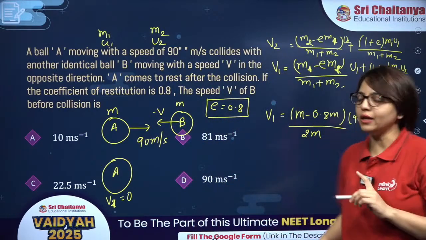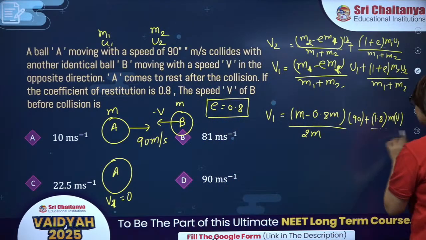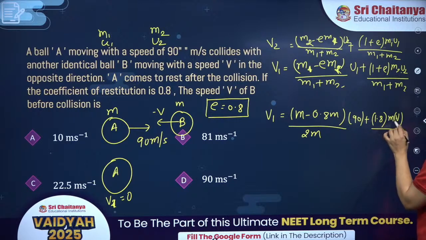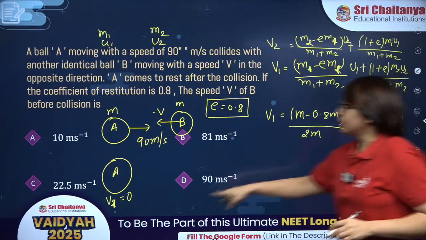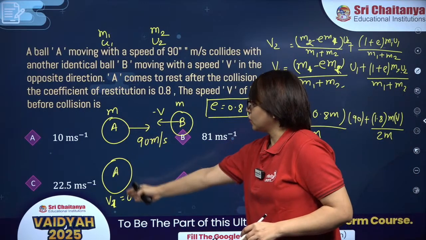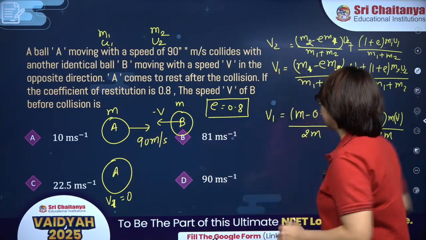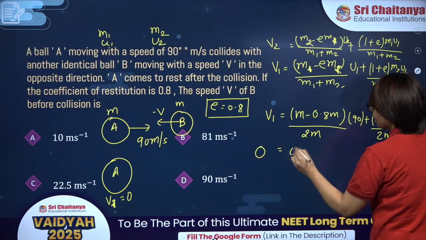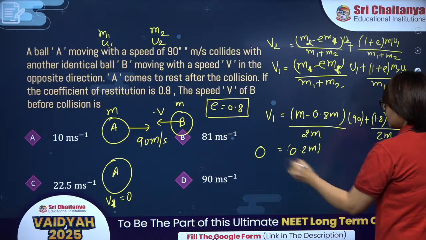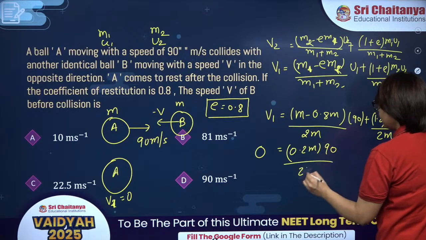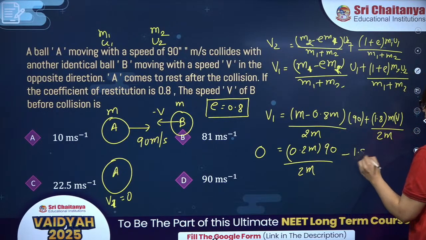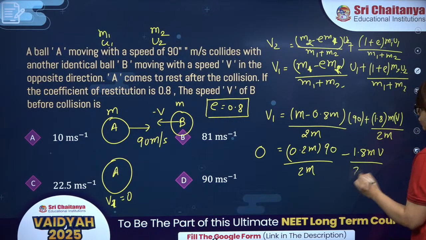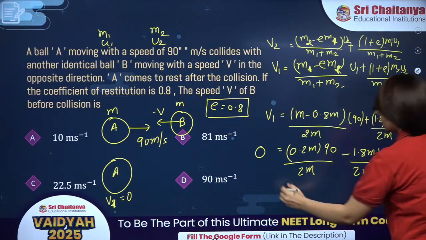In this case, it will be 1.8 times m into minus v divided by 2m. v1 is given as 0. After the collision, A is coming to rest. That means v1 is 0. So it is m minus 0.8m is 0.2m into 90 divided by 2m, and this is minus 1.8 mv divided by 2m.